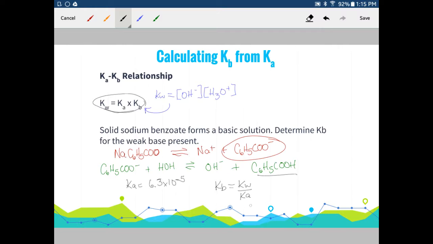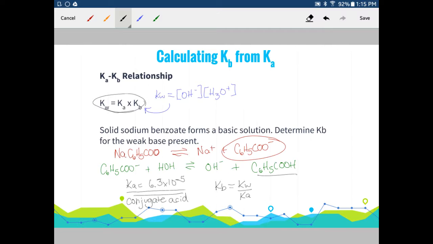Now, when I'm looking at this equation, when I'm talking about Ka, I always find the Ka of the conjugate acid. That is very important. There's some entities that are polyprotic, so you might find the acid formula in the base column, but you don't want to do that.